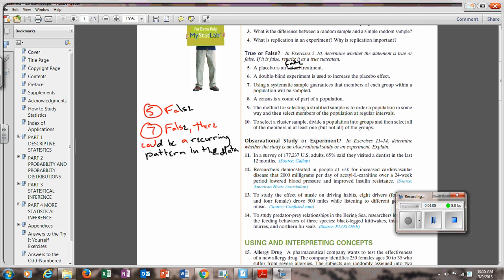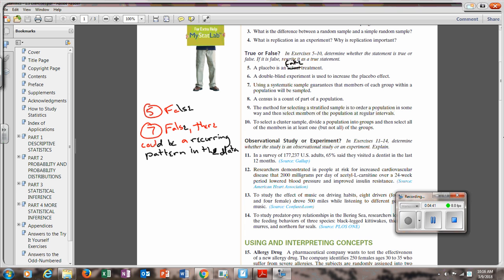The reason there could be a recurring pattern is, say we're looking at people waiting to go into a movie theater. If all the guys stand on the left and we only take a systematic sample of everyone who's on the left side, then that creates a pattern where we're only looking at the guys, as opposed to males and females.